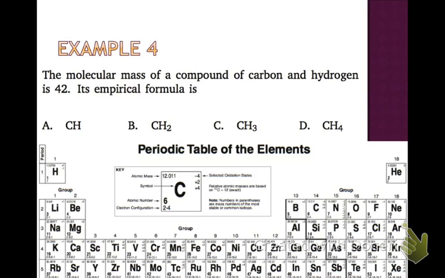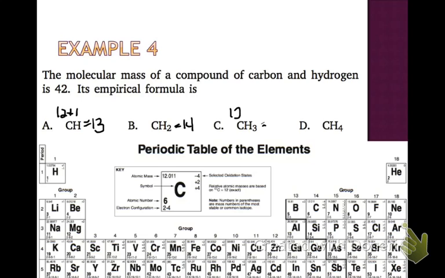So the easiest thing that I do here is actually check what the mass would normally be of each of these answers. So for A, I have carbon, which is 12, plus 1 for hydrogen gives me 13. Go ahead and add up the masses for each of the following. B would be equal to 14.